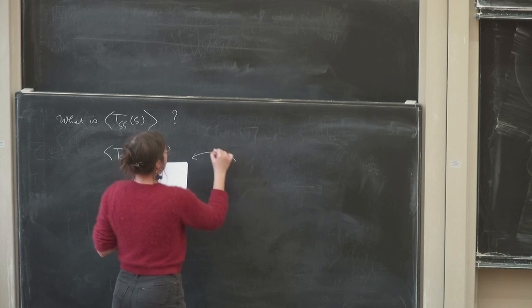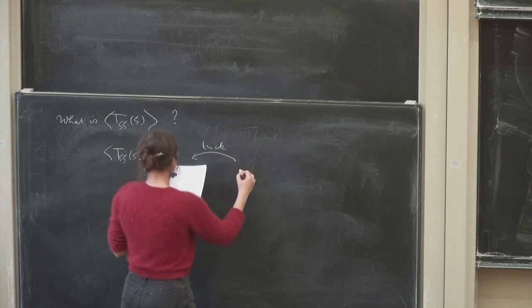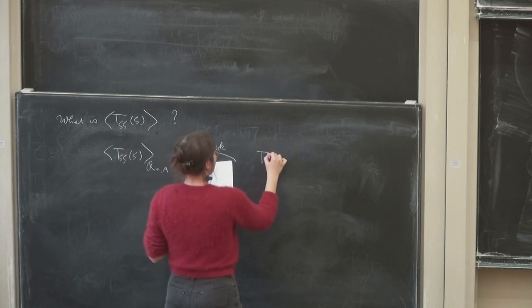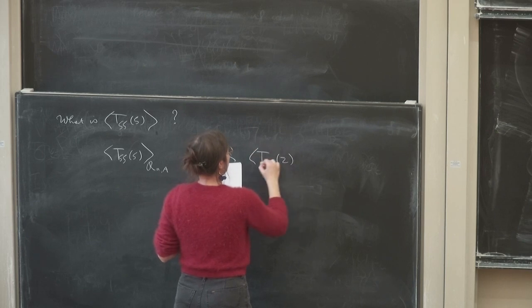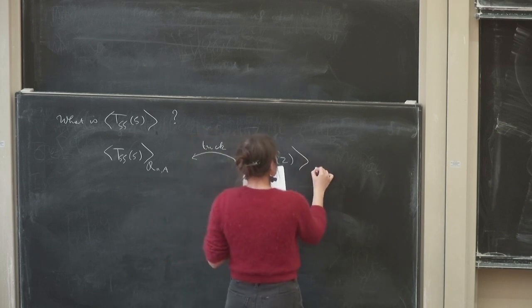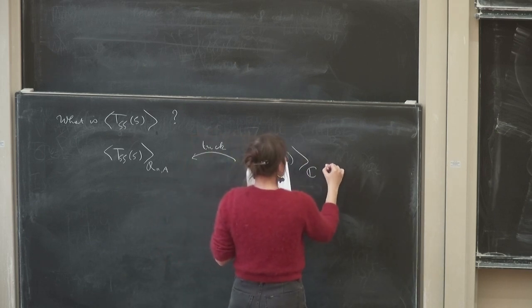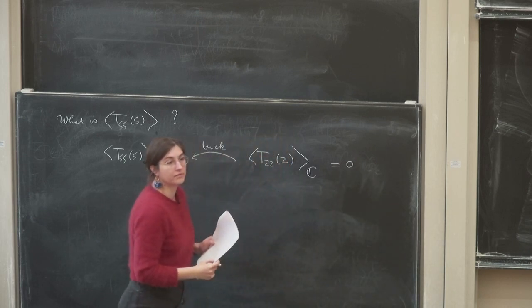The trick is to use that we know that the stress tensor expectation value vanishes on the plane.